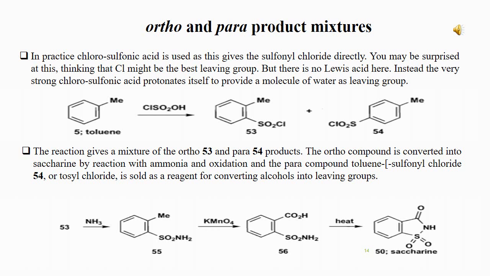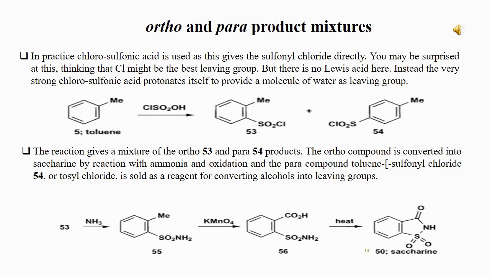So what can we do from toluene? The toluene can be reacted with chlorosulfonic acid to give 53, sulfonation. The chlorosulfonyl group is added, and two isomers are formed, ortho and para.